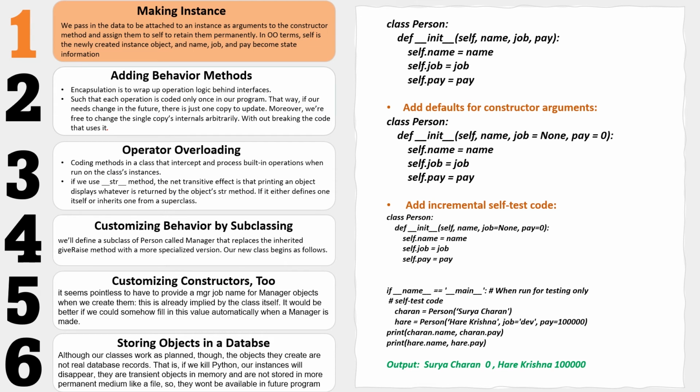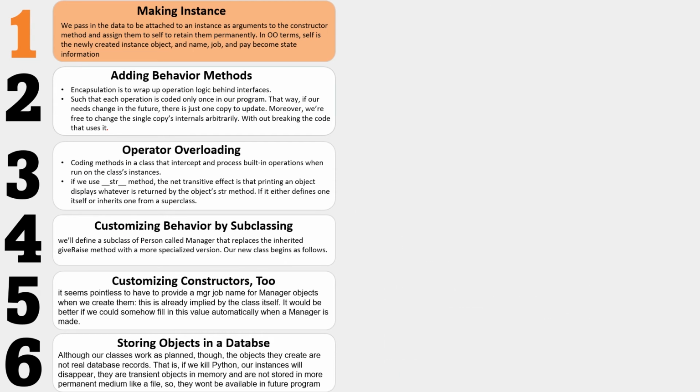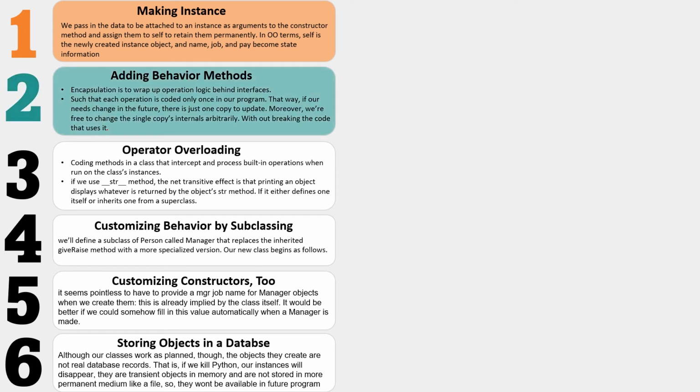And now step 2, adding behavior methods. Everything looks good so far at this point. Our class is essentially a record factory. It creates and fills out fields of records. Here I would like to add 2 behaviors to our main class person.